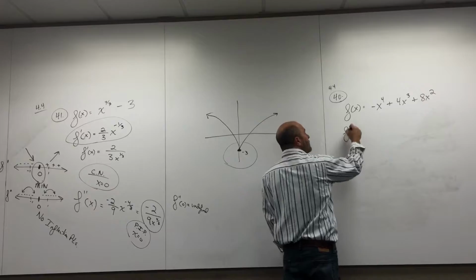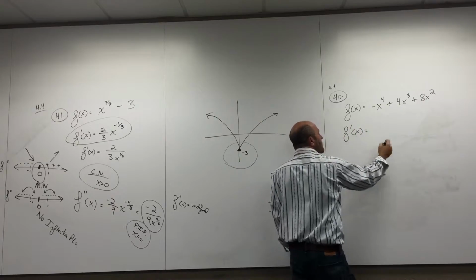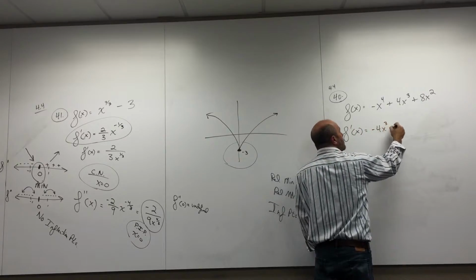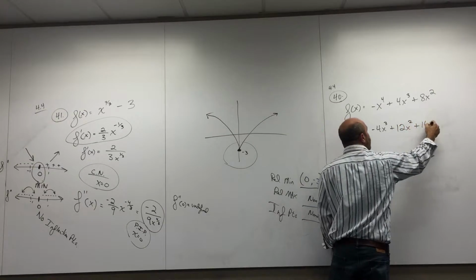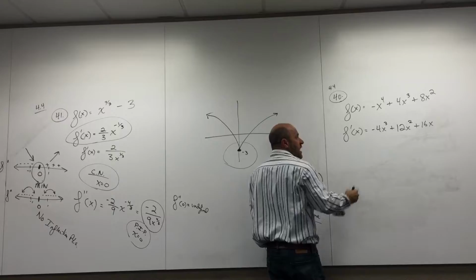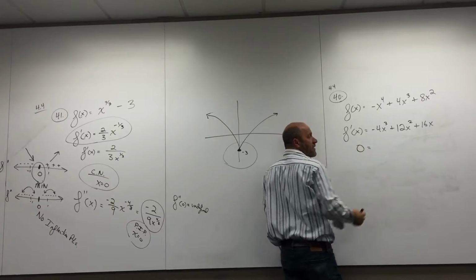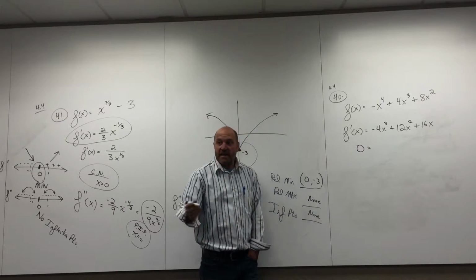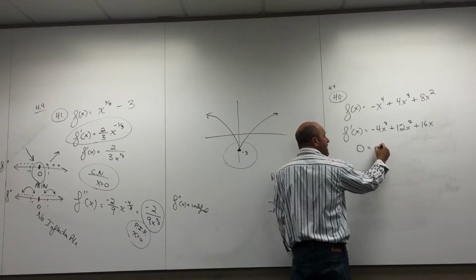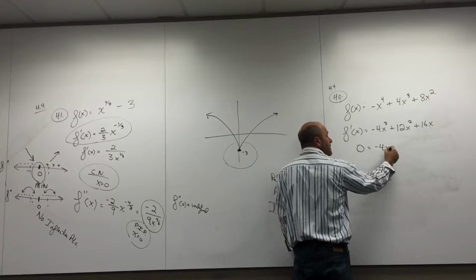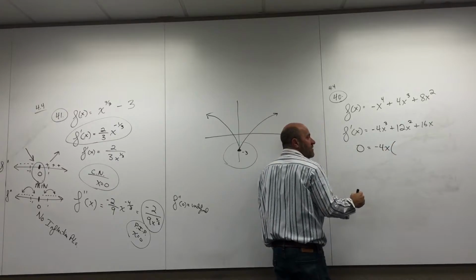I need a derivative. The first derivative is negative 4x cubed plus 12x squared plus 16x. I want to set it equal to 0 and look for my critical numbers. I think I'll factor out a negative 4x. Is that okay with you? What am I left with?